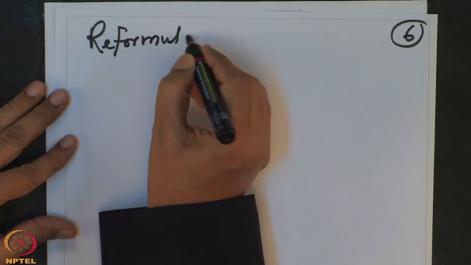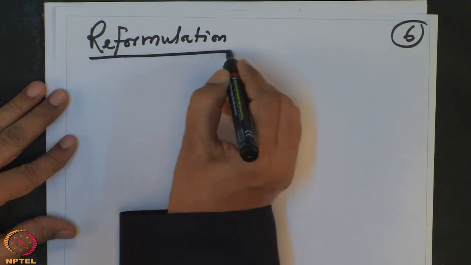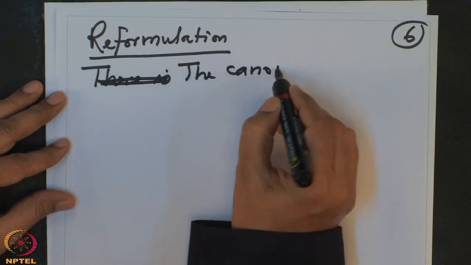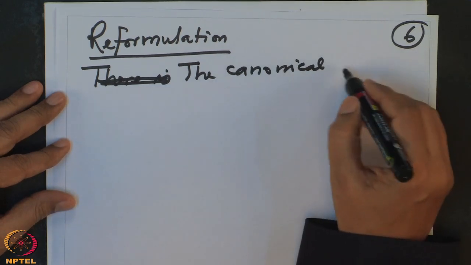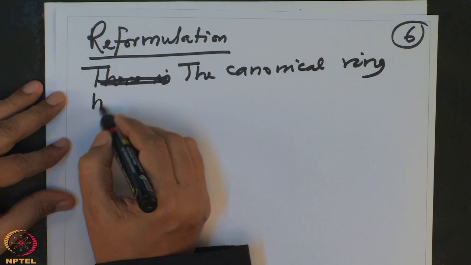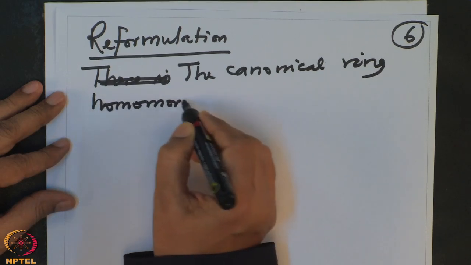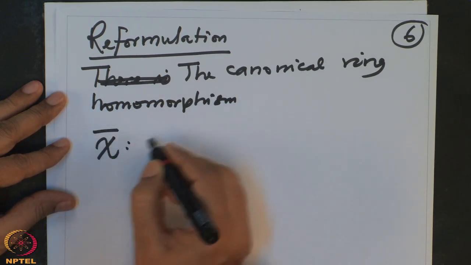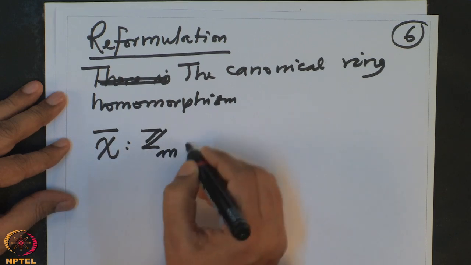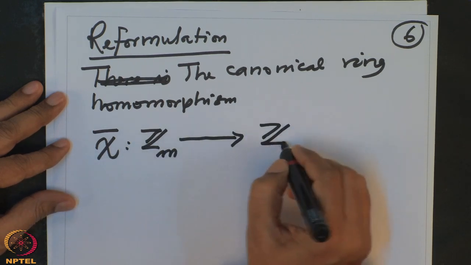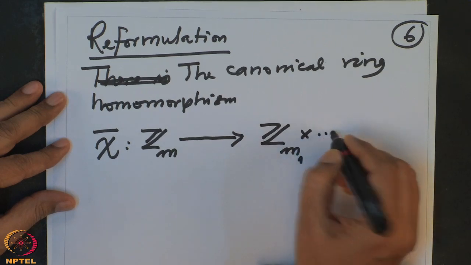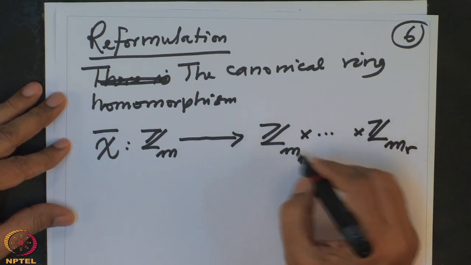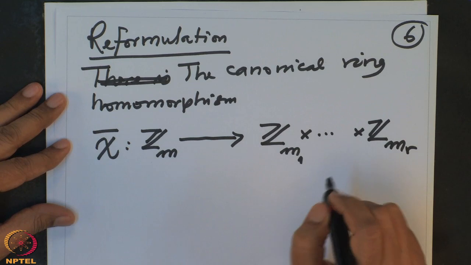So reformulation of CRT, Chinese remainder theorem. The canonical ring homomorphism chi bar, which is homomorphism from Z mod M to Z mod M1 cross ... Z mod MR. This is the product ring, the component wise operations.